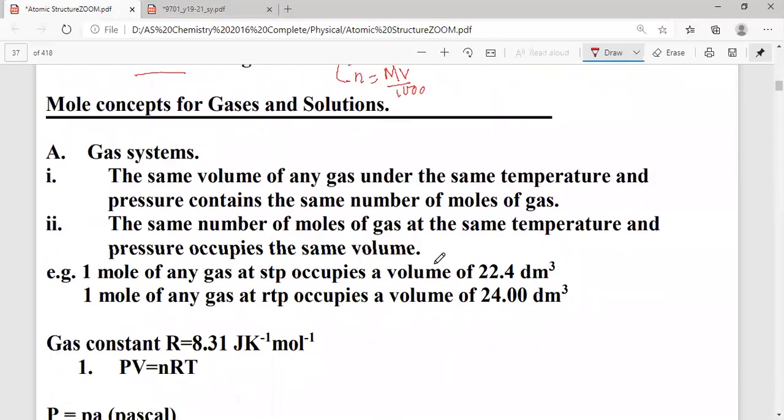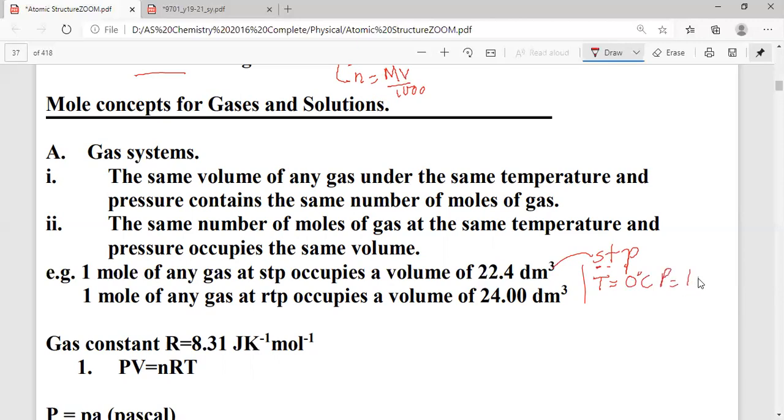Now, more concepts of gas and solutions. We start with this idea here. Remember, this is called STP, standard temperature and pressure. Standard temperature is 0 degrees centigrade. Pressure is 1 atmosphere, or in pascals, they normally put 100,000 pascals.